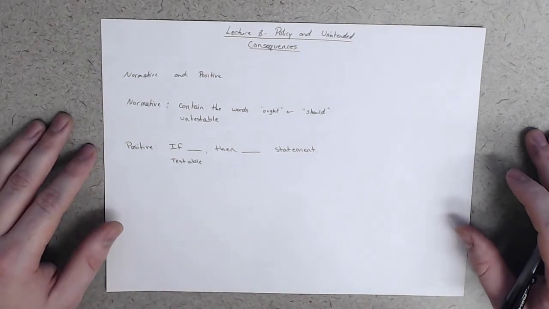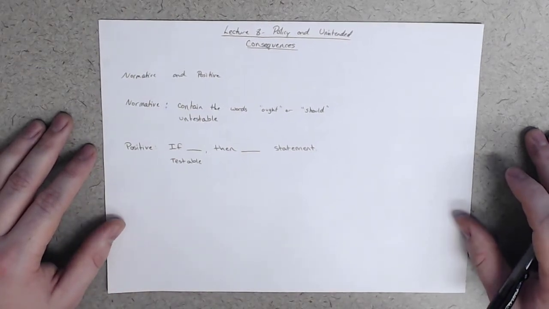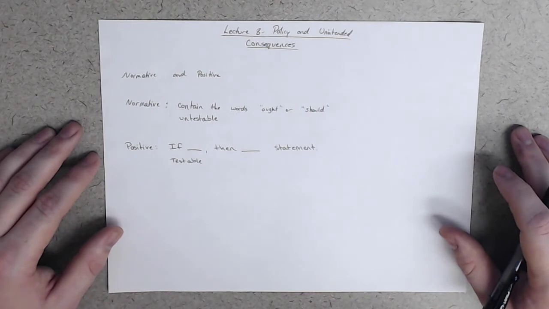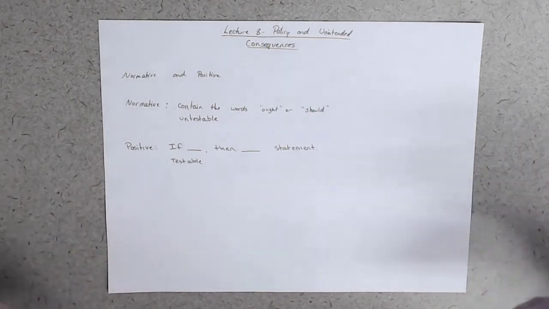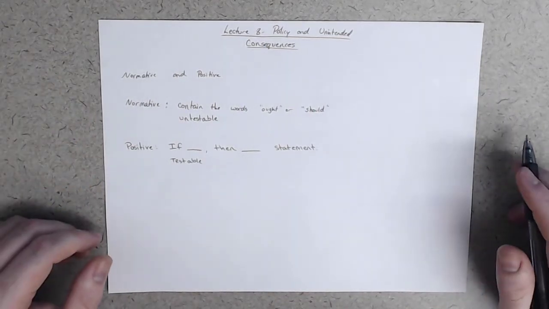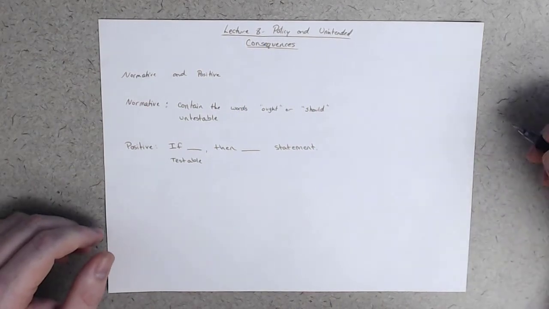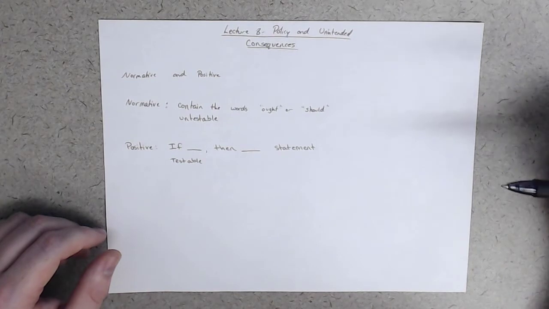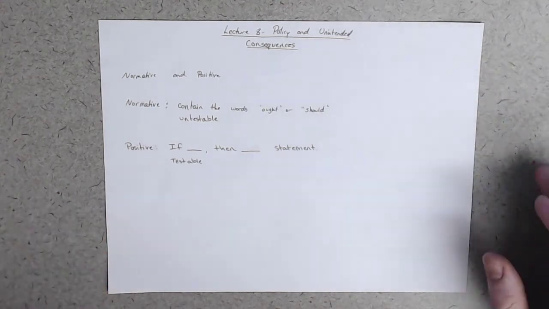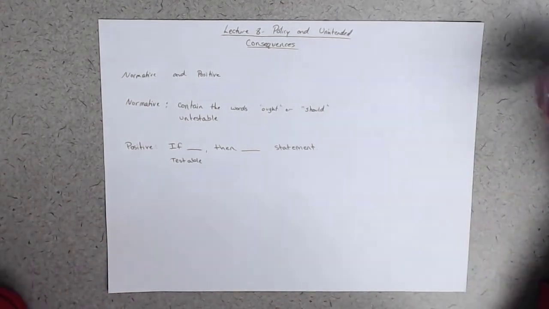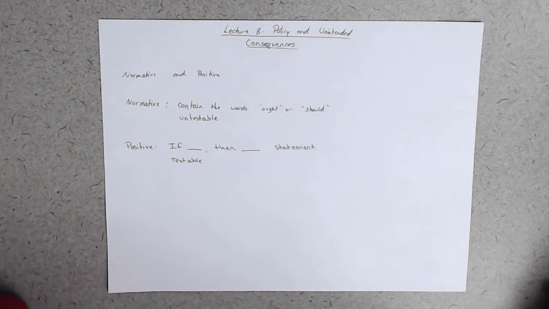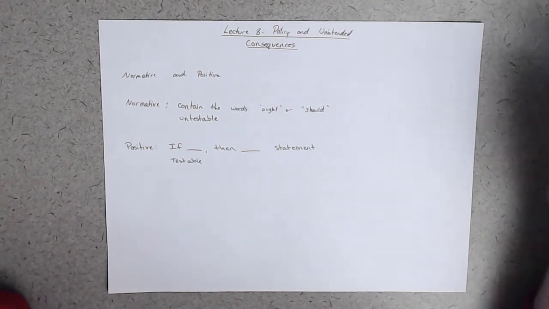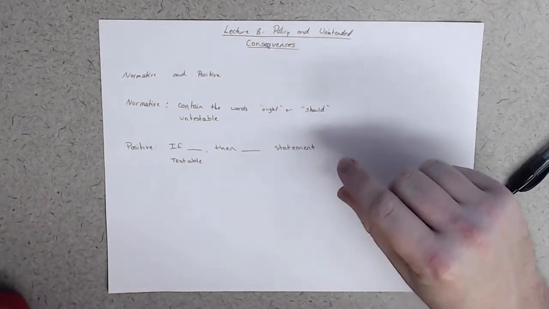If I take ibuprofen, then my back won't ache as much. Those are positive statements. But the statement I should take ibuprofen is a normative statement. So, if I take ibuprofen, then my back will not hurt, versus I should or I ought to take ibuprofen. Those are two different statements.